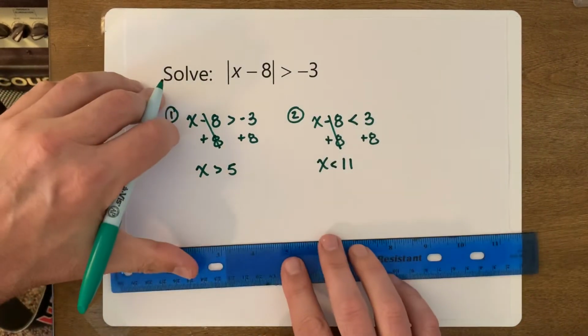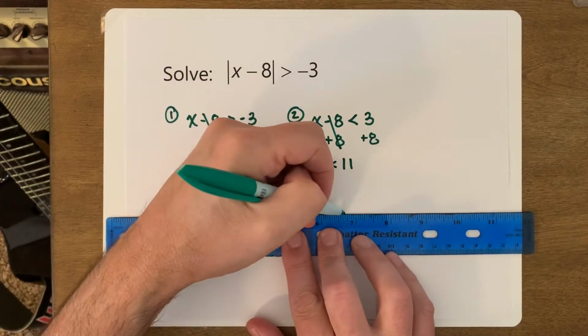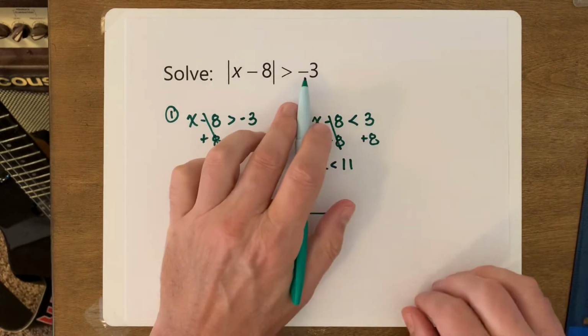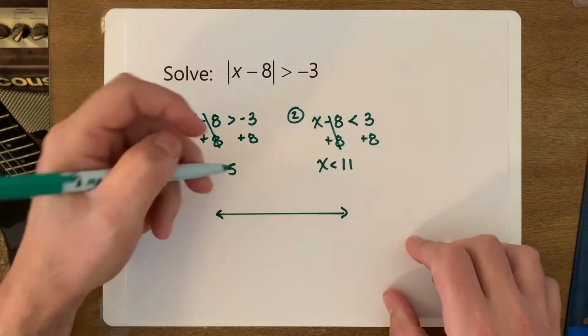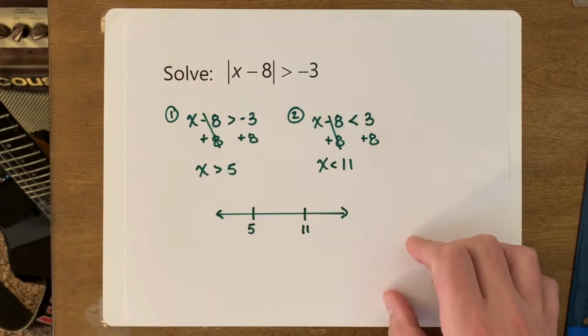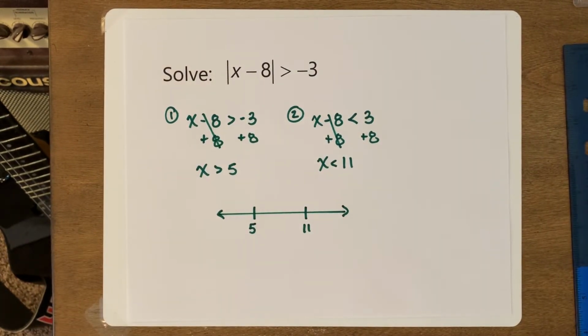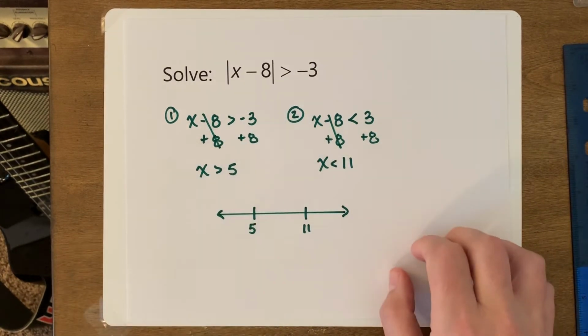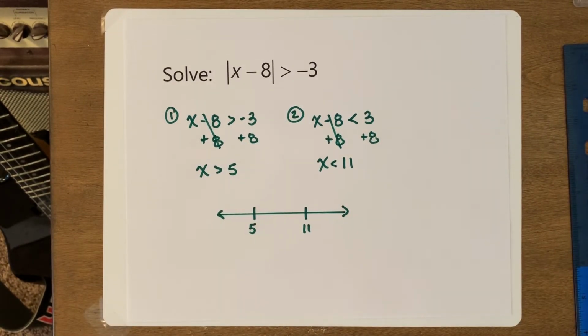All right, now here's my number line. So it does pay to kind of check these to see what's happening when you get negatives here or a negative out front here. All right, so we got 5 here. We got 11 there. All right, now we're going to be tempted to say that that is an or, right? However, I'm going to be very careful here.